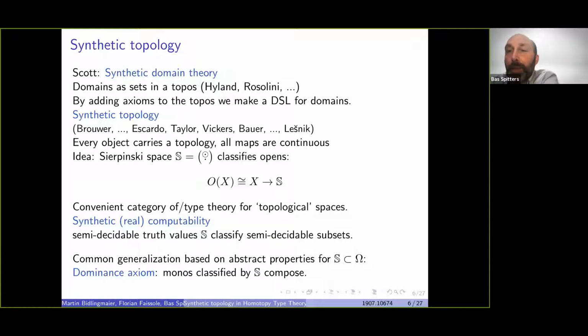And we can make a common generalization of many of these properties, and this has been done by Pino Rosolini. So one takes a certain subobject of the object of truth values, and then considers all the maps into this. And so these maps are called, well, open or semi-decidable, or whatever the model is you're taking. The dominance axiom precisely says that such monos compose.